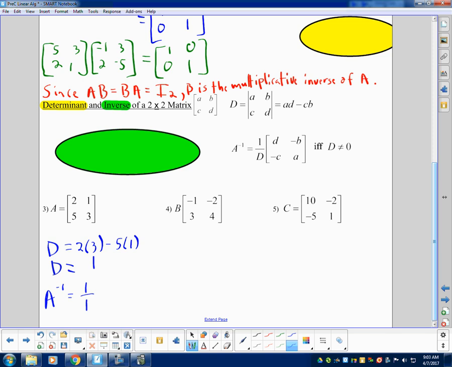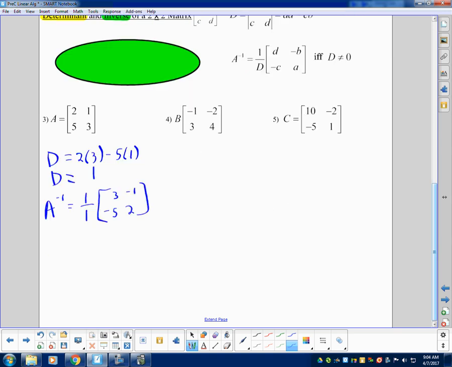multiplied by, we swap on this main diagonal, so we're going to swap the 2 and the 3. The 3 will go up here, the 2 down here, and negate the 5 and the negative 1. That's the formula up at the top.